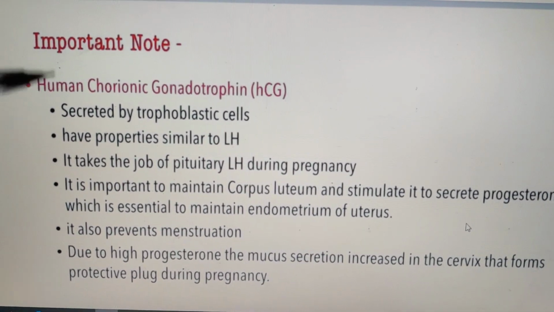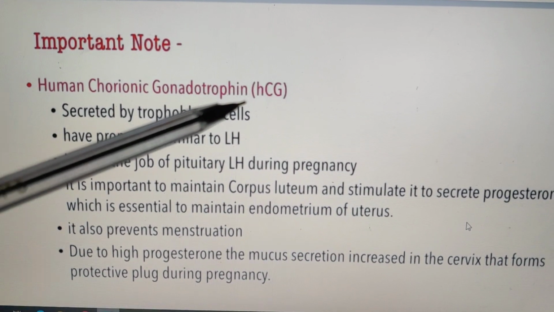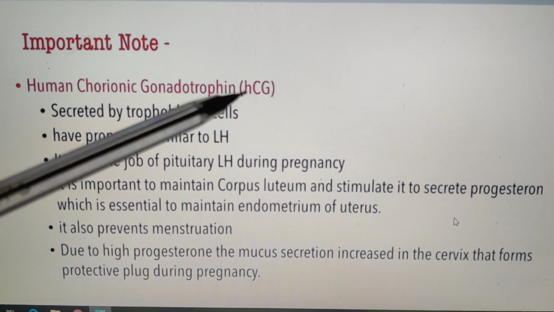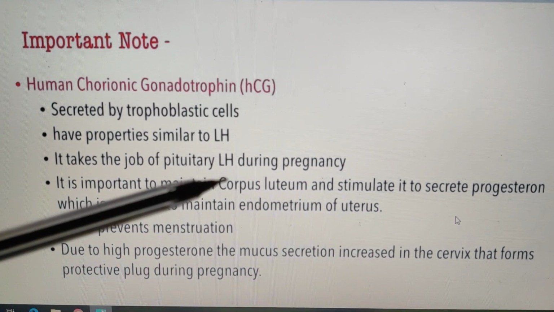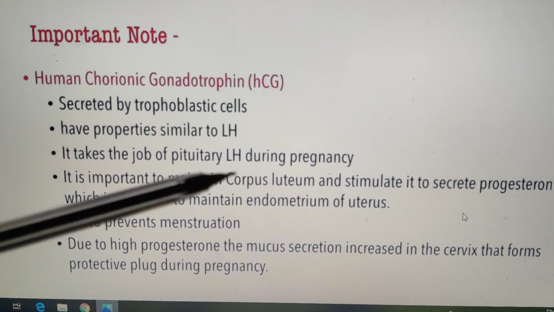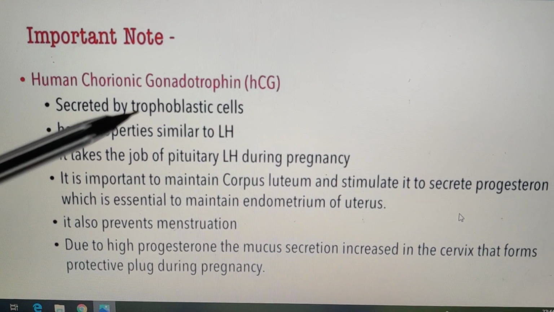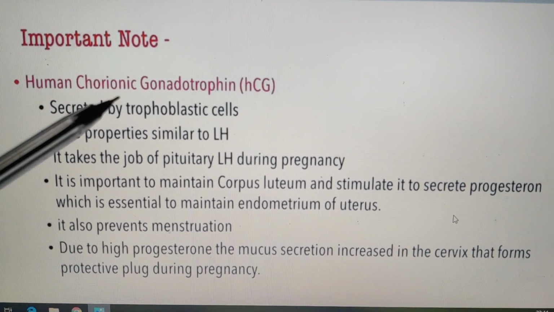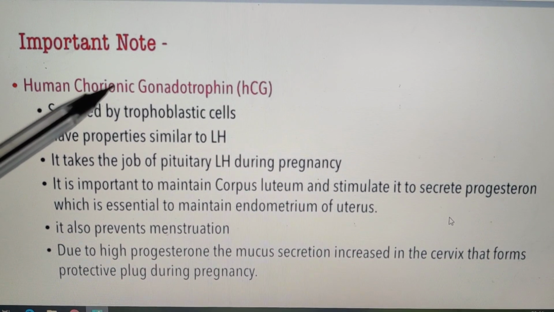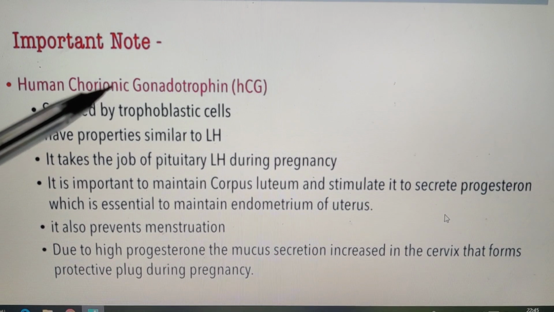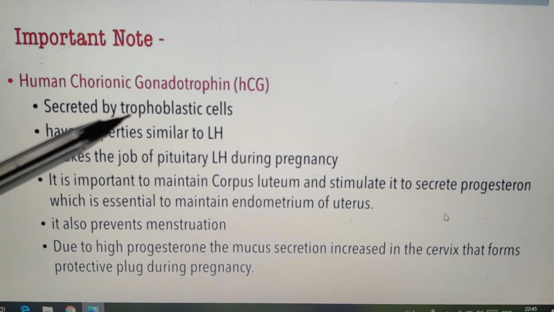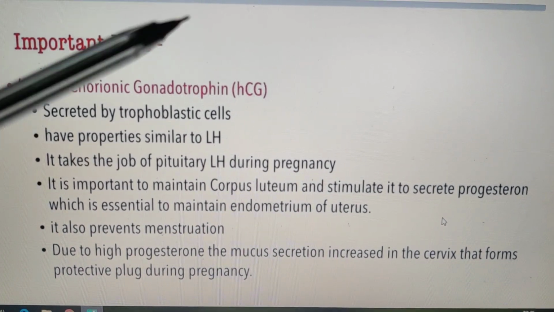This human chorionic gonadotropin, HCG, is a very important hormone secreted by the placenta. It is secreted mainly by the trophoblastic cells. The main function of this hormone is to maintain the level of progesterone, because we know progesterone is very necessary for maintaining the blood supply of the walls of uterus.